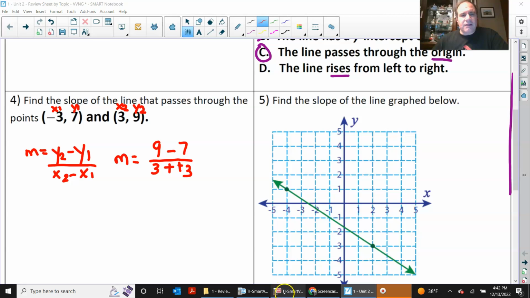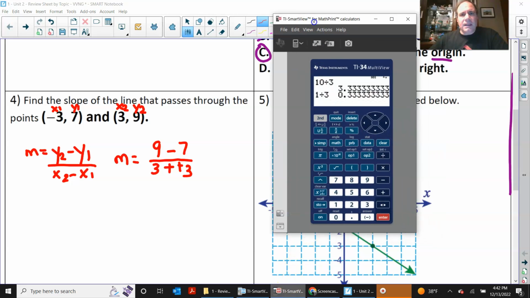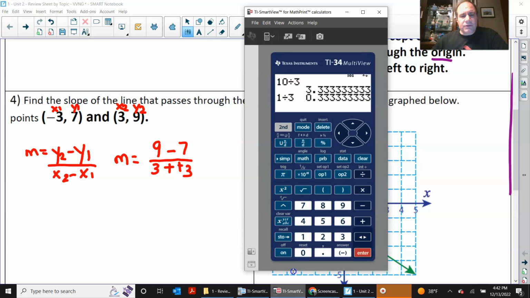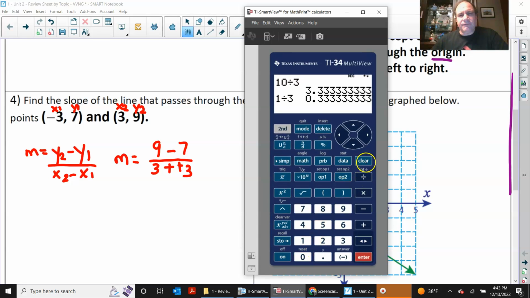You could grab your calculator and just go ahead and figure this out right now, or you could do it by hand. But if you do it on the calculator, the best way is to press that button that I just pressed. That's the fraction button. We have 9 minus 7. It'll take you right to the answer, and then 3 plus 3 is there.